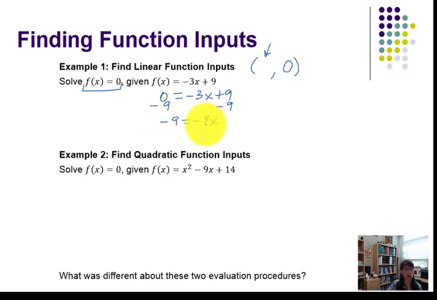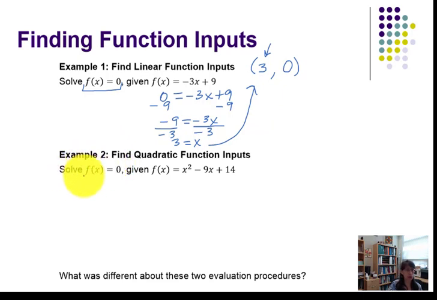Just using our properties of equality, I can see division of -3 would solve for x. -9 divided by -3 would make +3, so +3 is our x value. That's going to be substituted in the ordered pair, so 3 is the input, 0 is the output.